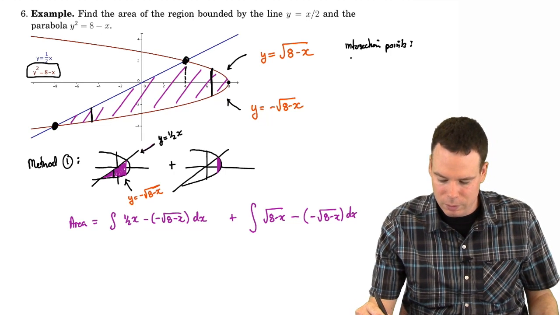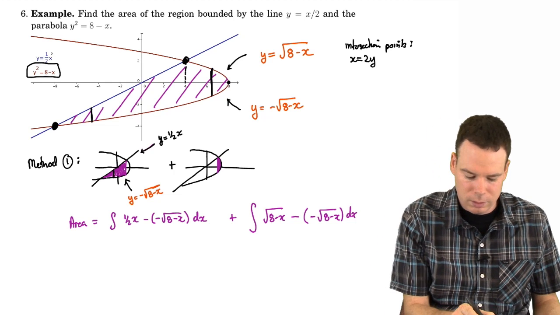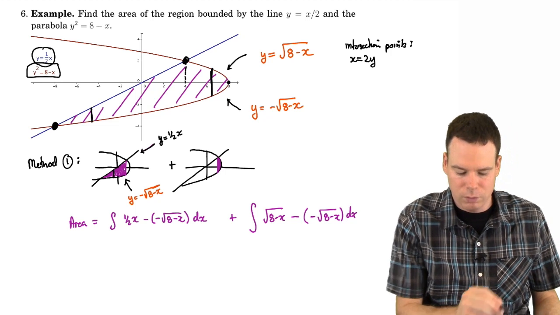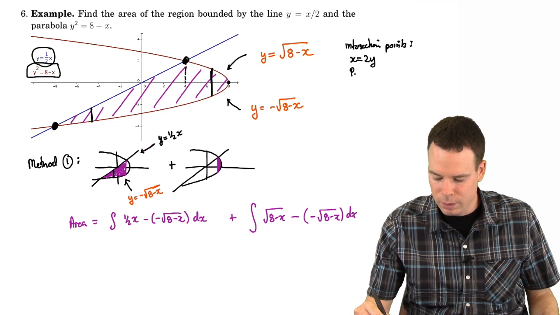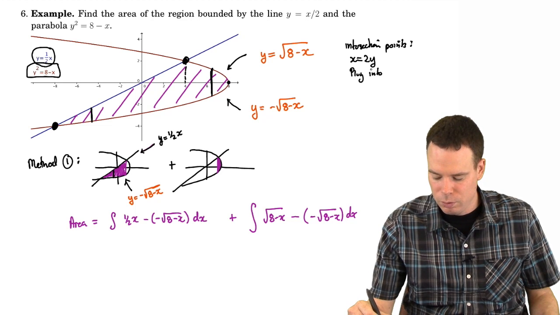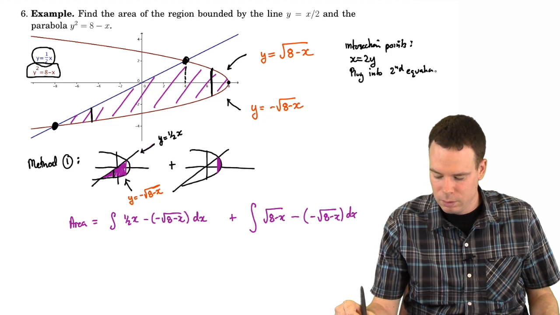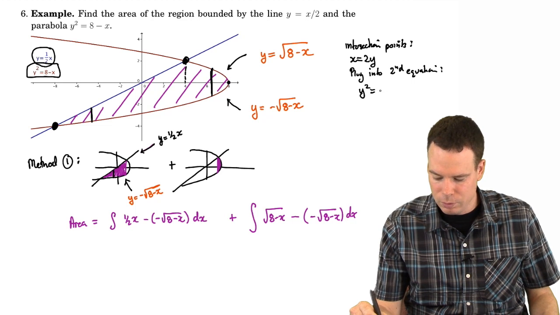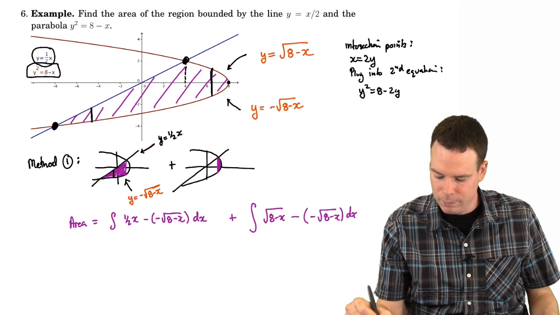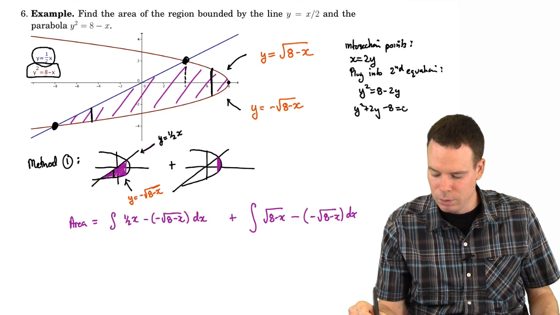Well, one way to notice this is that x is equal to 2y is another way of writing the expression for the first curve. So if x is equal to 2y, I can plug into the second equation, and that gives me y squared is equal to 8 minus 2y, or in other words, y squared plus 2y minus 8 is 0.